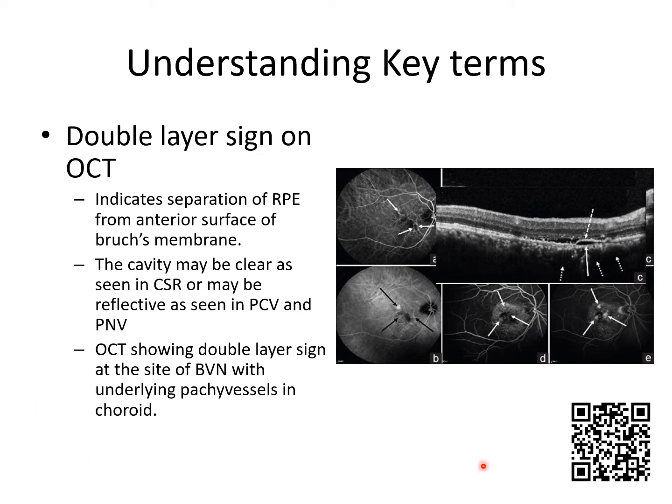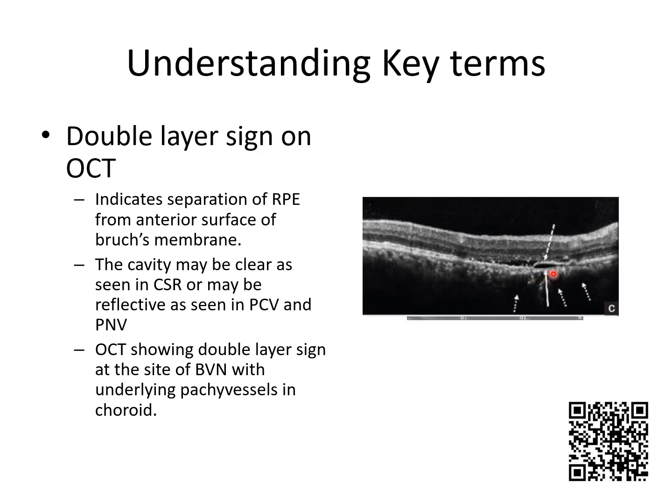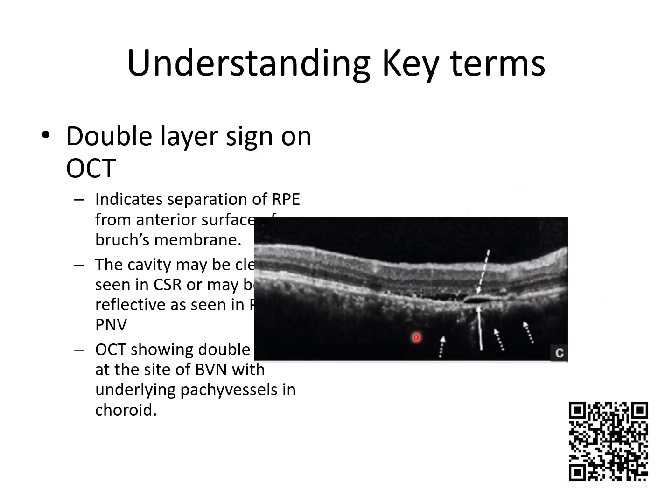And here we will see what a double layer sign is. These are images which show a fluorescein angiography and an ICG angiography along with the OCT image. And as we proceed further, we'll see that this is what is understood by the double layer sign.